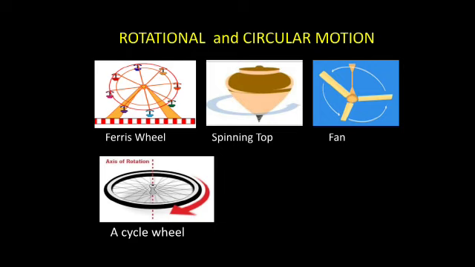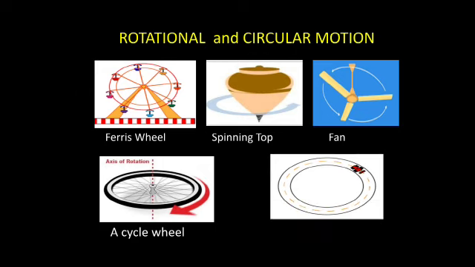But just have a look at this picture. This is a car following a circular track, isn't it? Here the position of the car itself keeps changing with time, but in rotational motion the position of the body does not change.